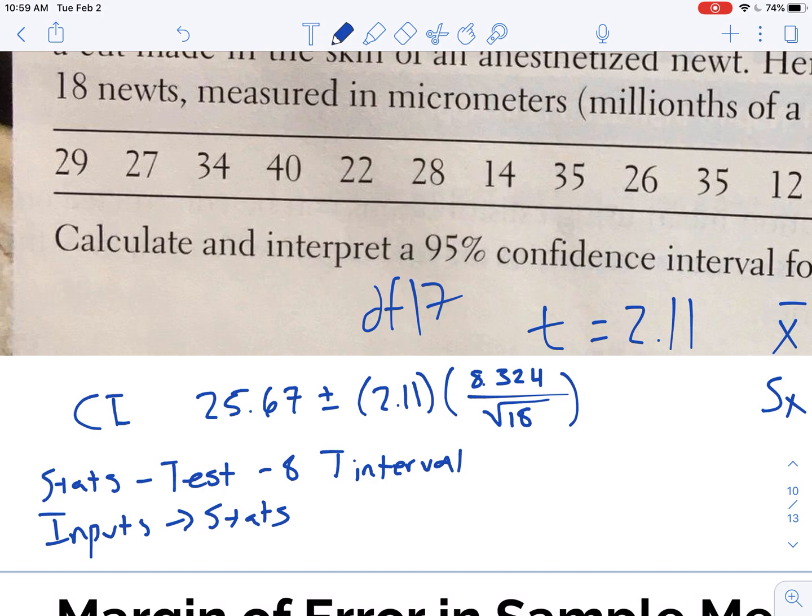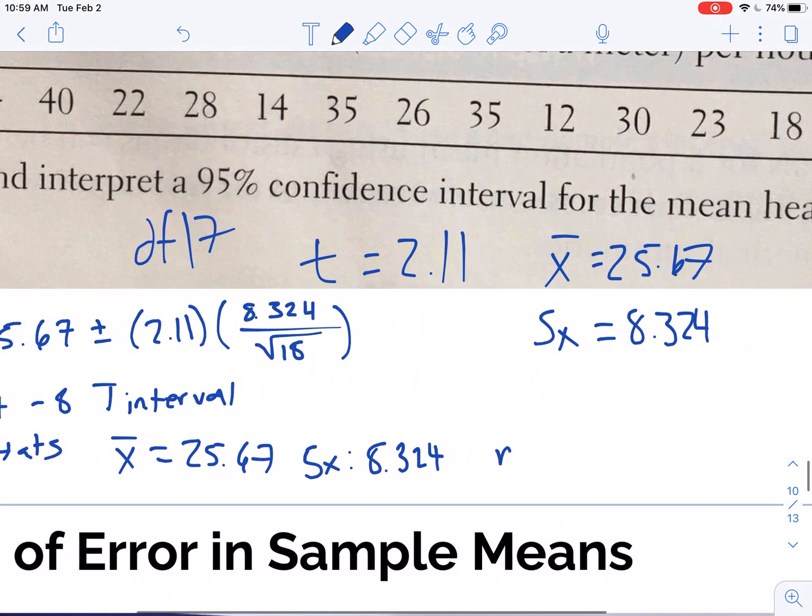Sometimes it'll autofill. It's autofilled for me: my x-bar mean here is 25.67. My standard deviation is 8.324. My n is 18. And then my confidence level here is 0.95. You might have to change that, but it's going to autofill data sometimes. Other times you're going to have to input that data yourself.